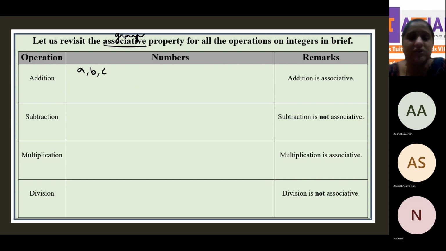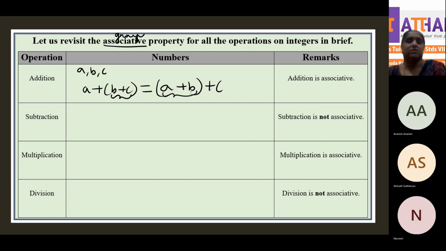When you consider 3 integers A, B, and C, (A plus B) plus C is the same as A plus (B plus C). That is, here you're grouping B and C, here you're grouping A and B. But in whatever way you find the sum, the result is the same in both the cases.